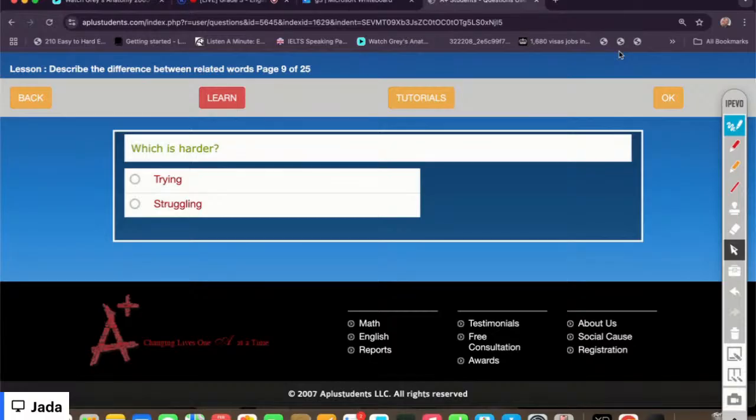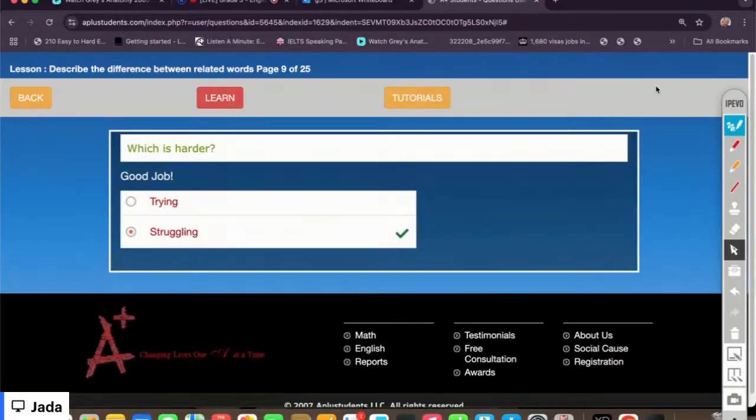Then which is harder, trying or struggling? Which is more hard? So when you are struggling, it is the most difficult.